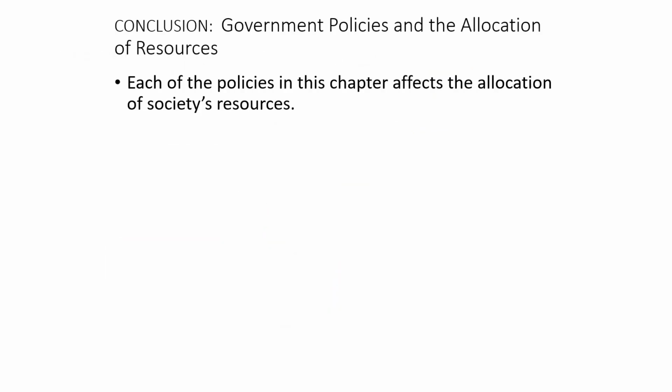What we conclude from this discussion is that each policy in this chapter affects the allocation of society's resources. If we impose a price ceiling, it again affects the allocation of resources. In most cases, the quantity sold or consumed in the market is lower than the equilibrium quantity.